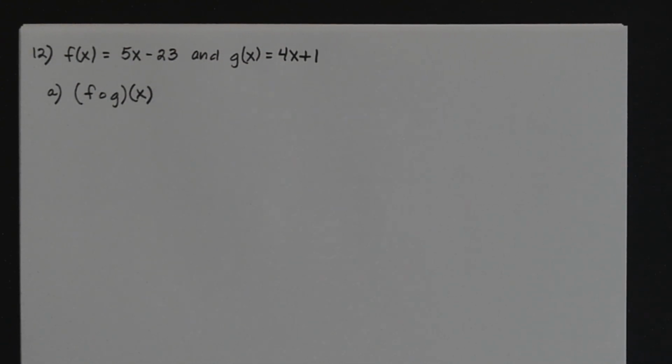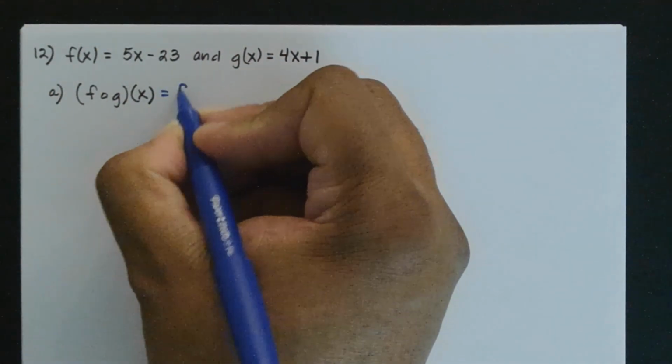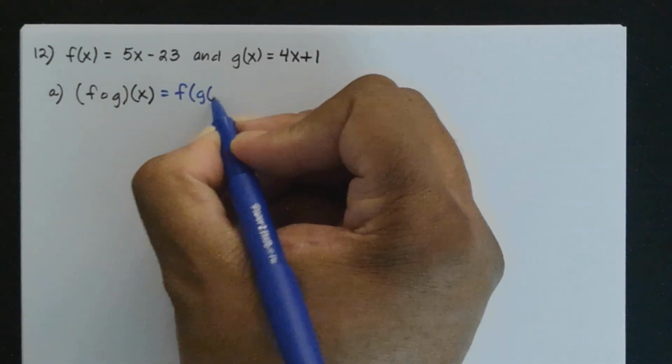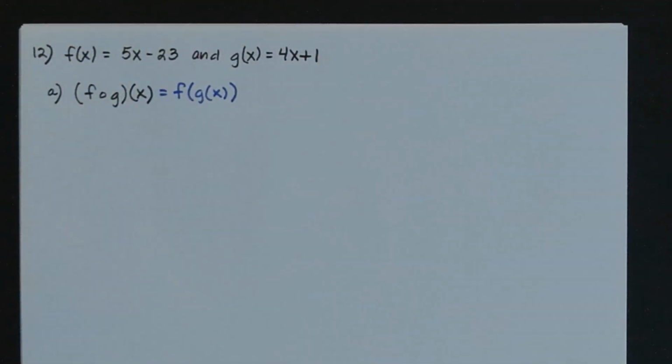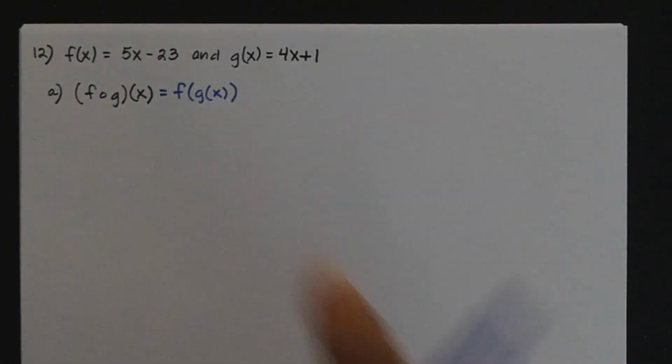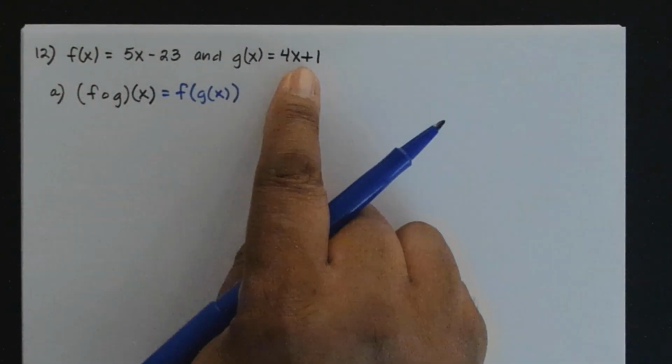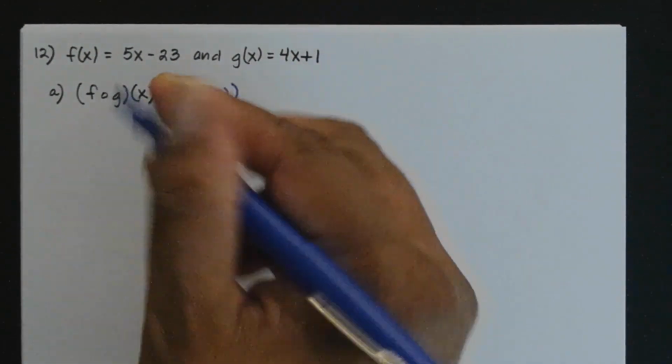Now this notation also means f of g of x, meaning your inside function is g of x, whereas f of x will be your outside function. The inside function is g of x, that means g of x is 4x plus 1.